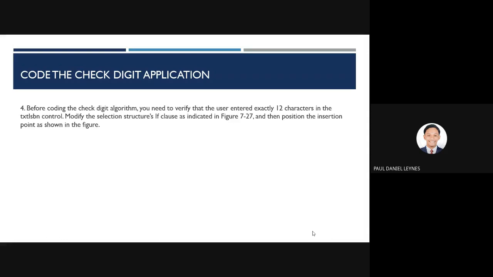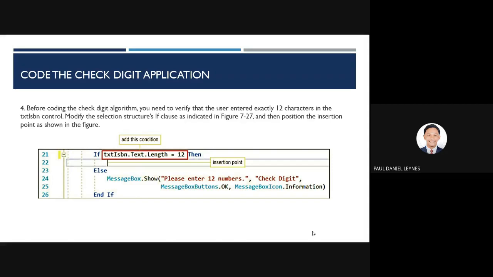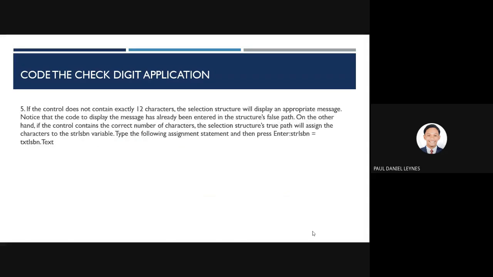Before coding the check digit algorithm, you need to verify that the user entered exactly 12 characters in the txtISBN control. Modify the selection structure's if clause as indicated, and then position the insertion point as shown in the view. If the control does not contain exactly 12 characters, the selection structure will display an appropriate message.